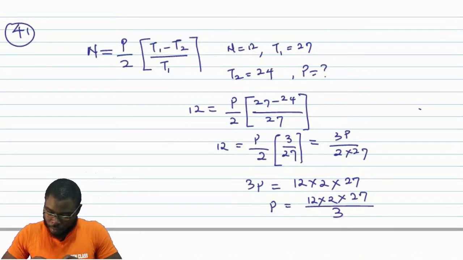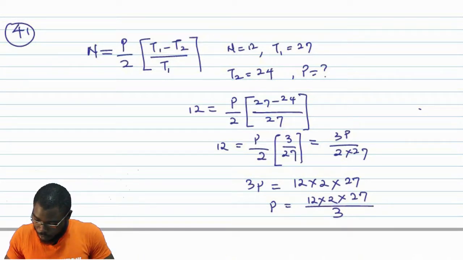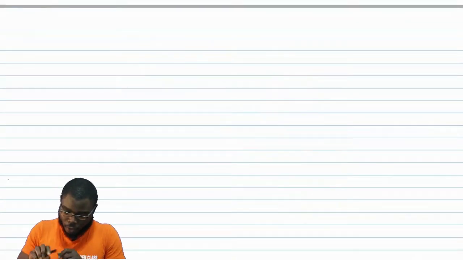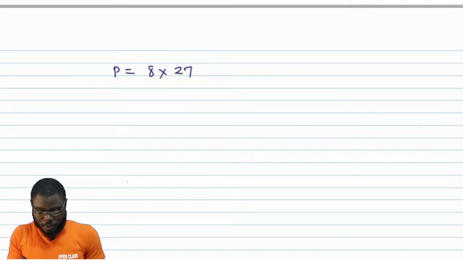So p equals, 3 here 1, 3 here 4, so p is 4 times 2, 8, times 27. P is 8 times 27.